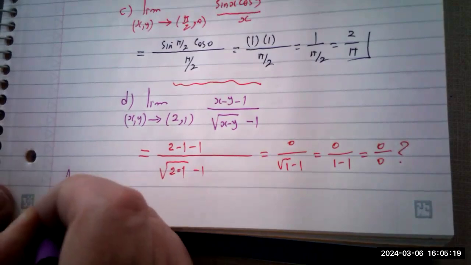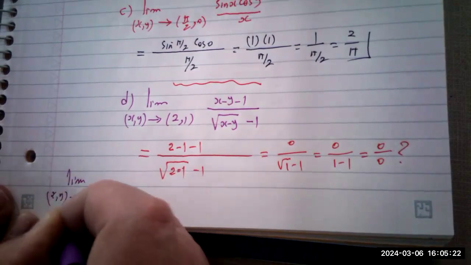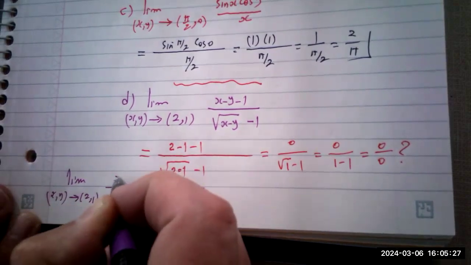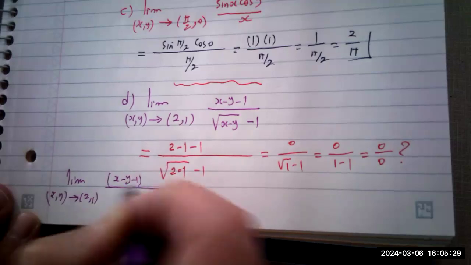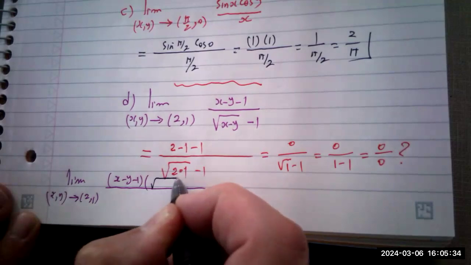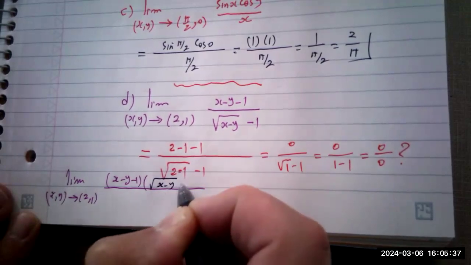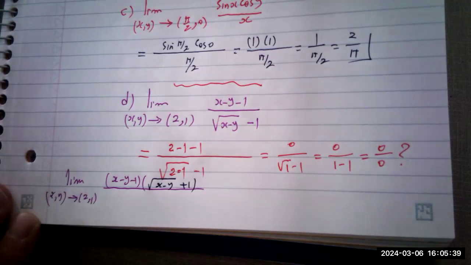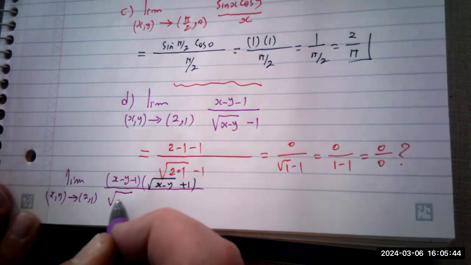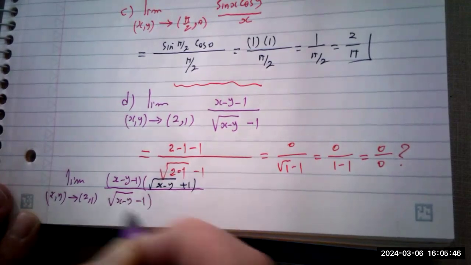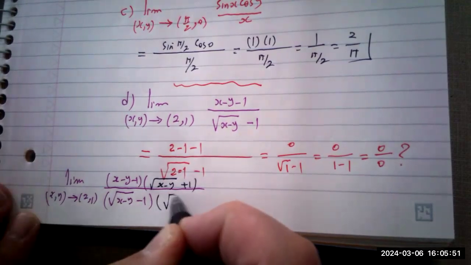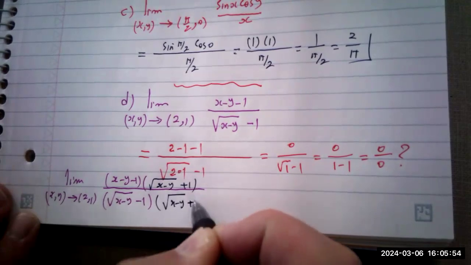So the limit as x, y goes to 2 and 1: you write x minus y minus 1 as is, and multiply by the conjugate of the denominator, which is radical x minus y plus 1. You do the same thing to the bottom, radical x minus y minus 1 times radical x minus y plus 1.